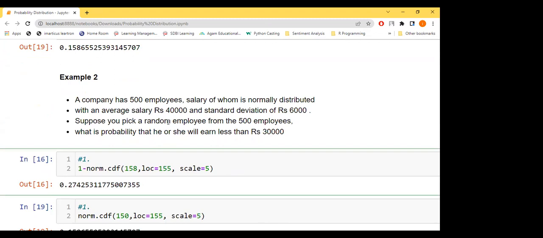In the second example, guys, what is the mean value? 40,000 now.